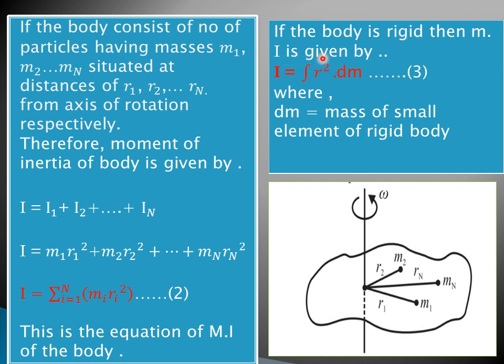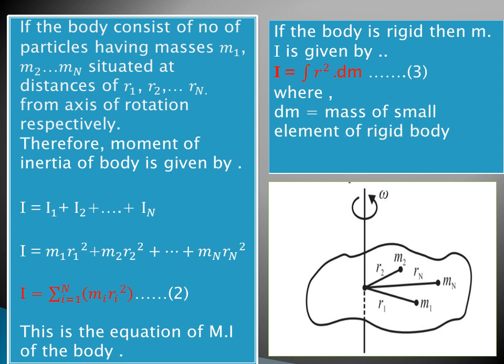So the moment of inertia of a rigid body is given by I equals integration of r square into dm, where r is the average distance of all particles and dm is the mass of a small element of the rigid body, just like we use m1, m2, mn here. Like that, dm is the mass of a small element of the rigid body.